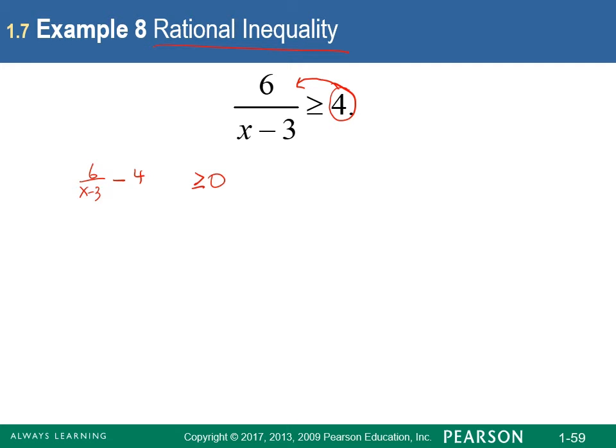Now we need to put the fractions together on the left-hand side, which means we need to get a common denominator and add them together. So we'll have an x minus 3 on bottom, 6 minus 4x plus 12. That's minus times minus.